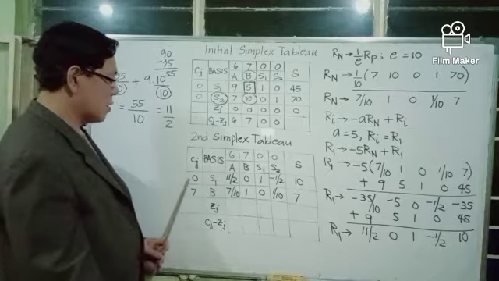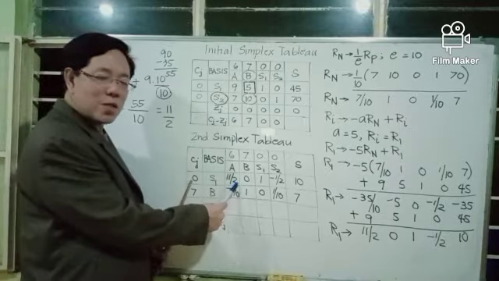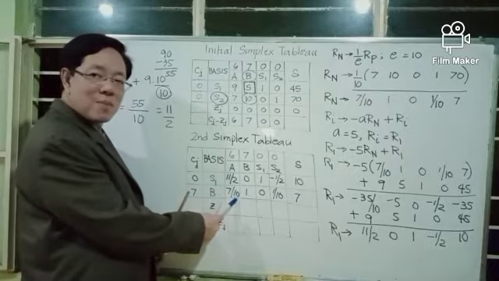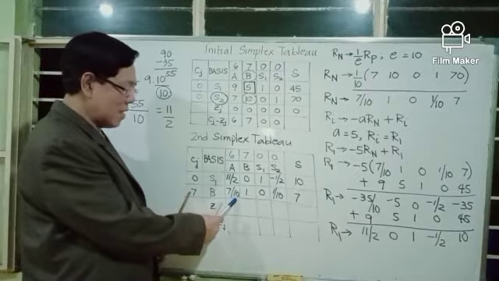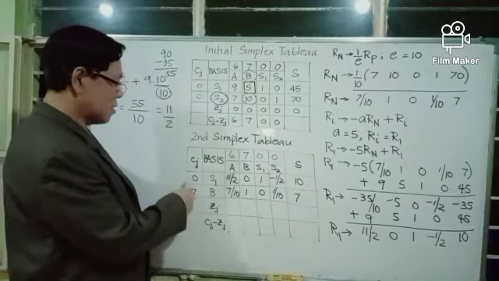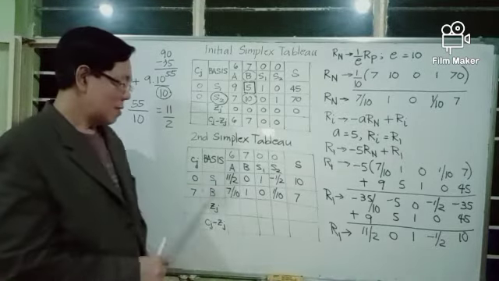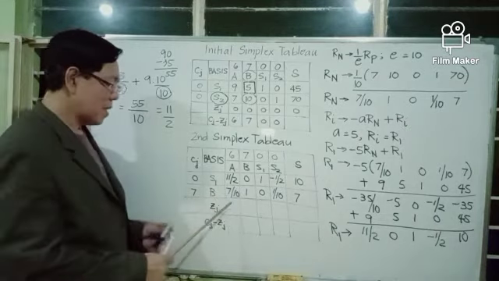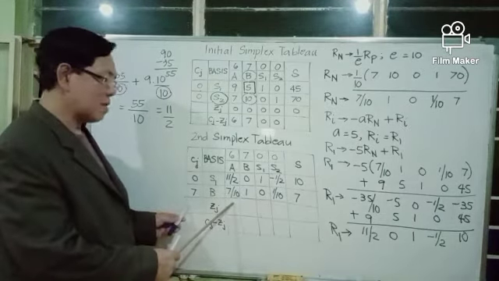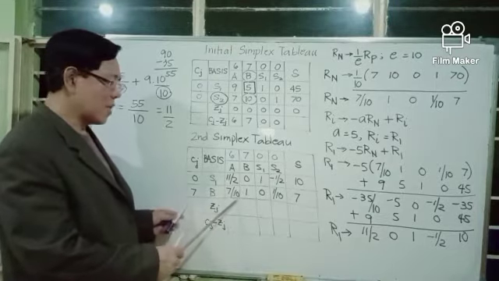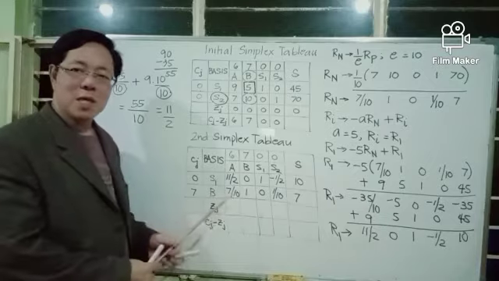We have 0 multiplied by 11 over 2 is 0, plus 7 multiplied by 7 over 10 is 49 over 10. 0 plus 49 over 10 is 49 over 10.